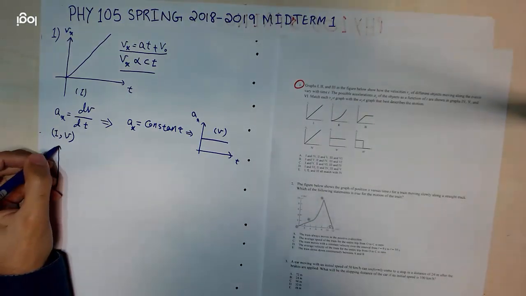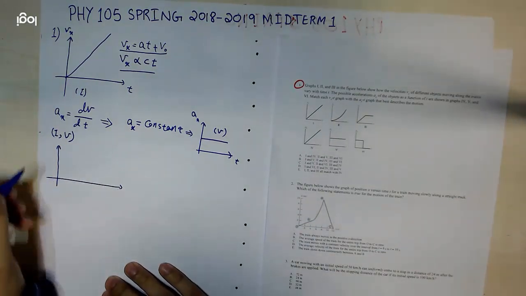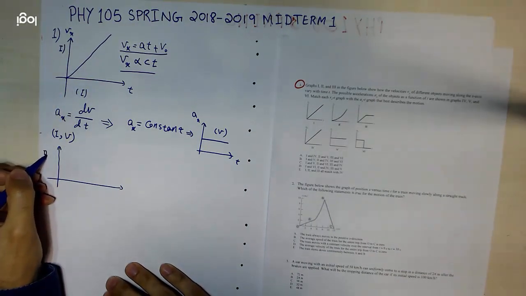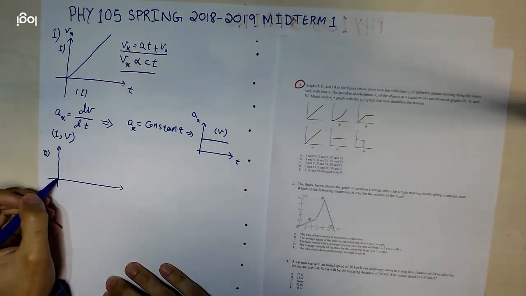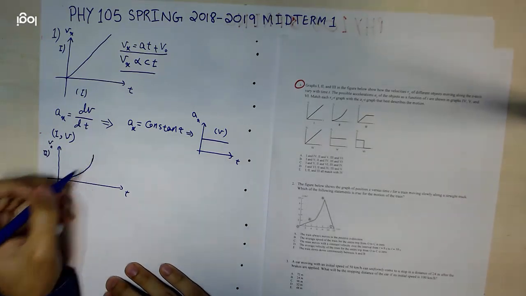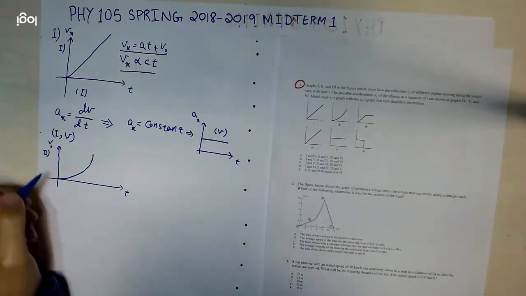Let's come to the second one. The second graph, as you can see, shows the relation between velocity and time as exponential.